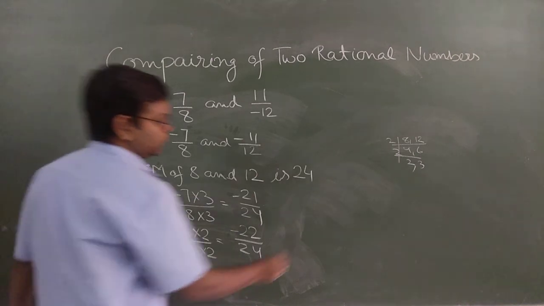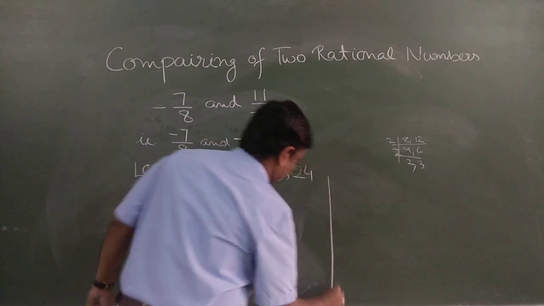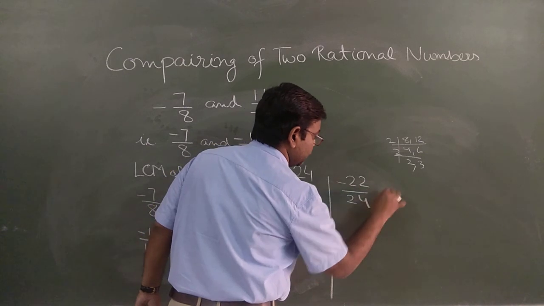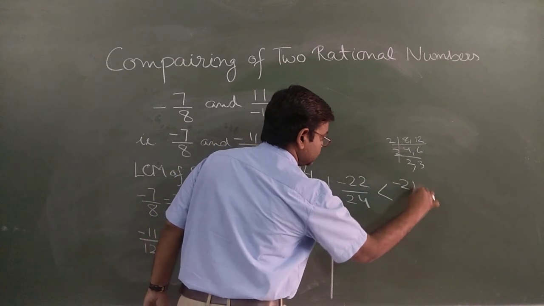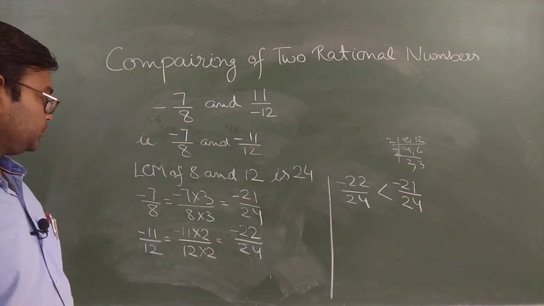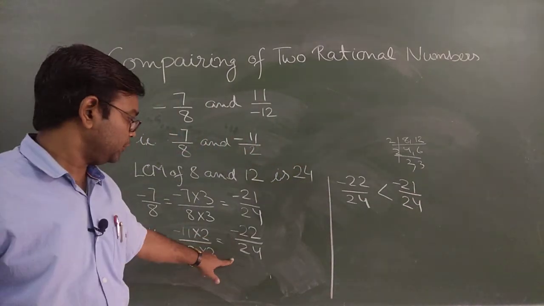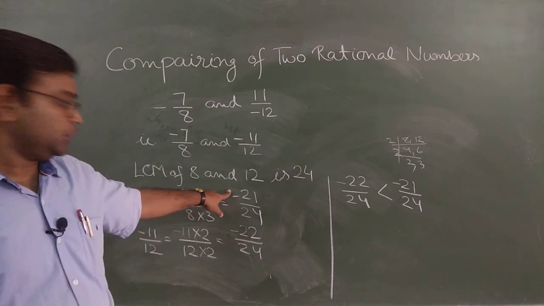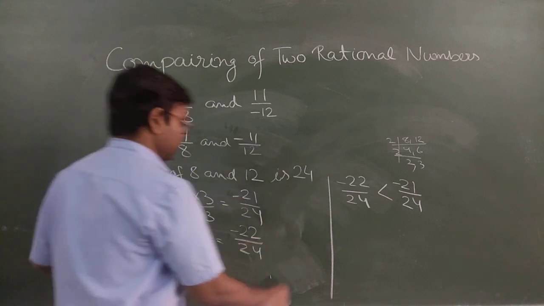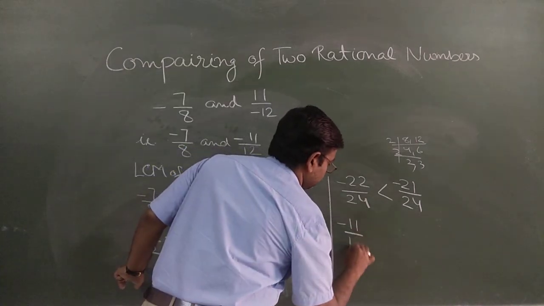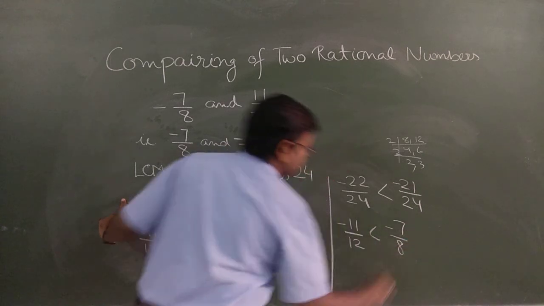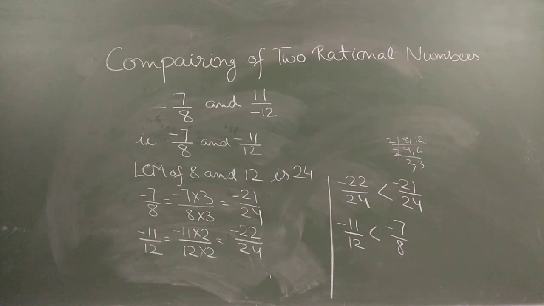So here we can write minus 22 upon 24 is smaller than minus 21 upon 24. Clear? So similarly we can say minus 11 upon 12 is smaller than minus 7 upon 8. This is your answer. Likewise you have to compare.